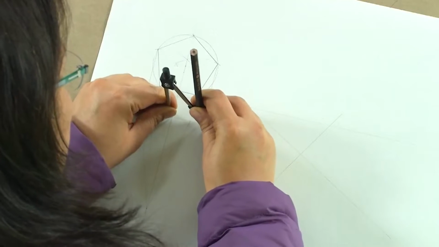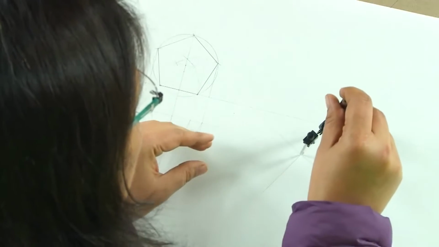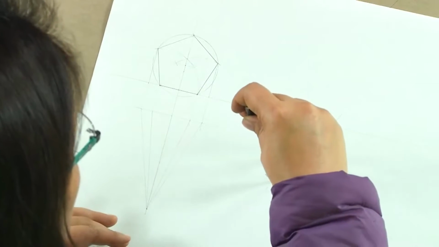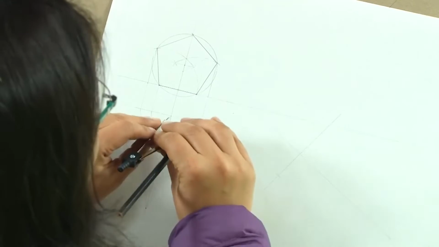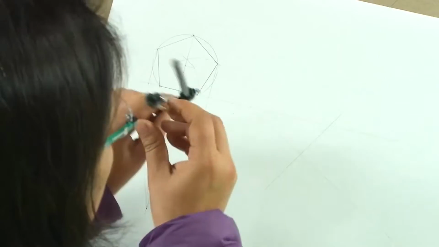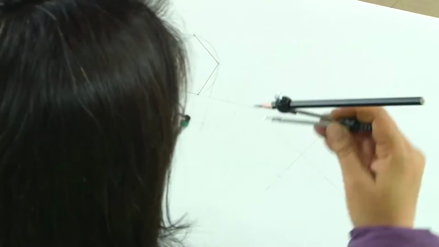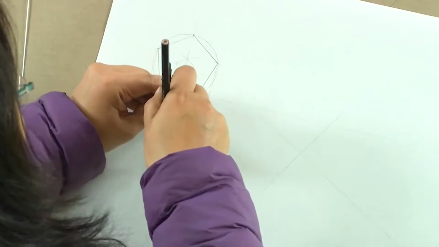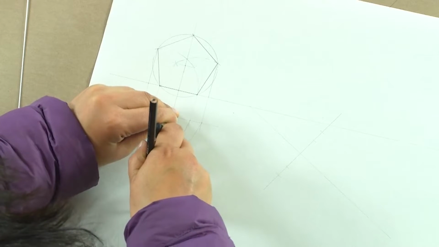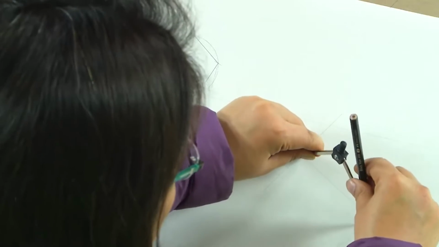So, all that we have to do is just take the same projections from this and mark it over here. This is for the top 2 points. This is for the bottom 2 points, and this is for the apex.